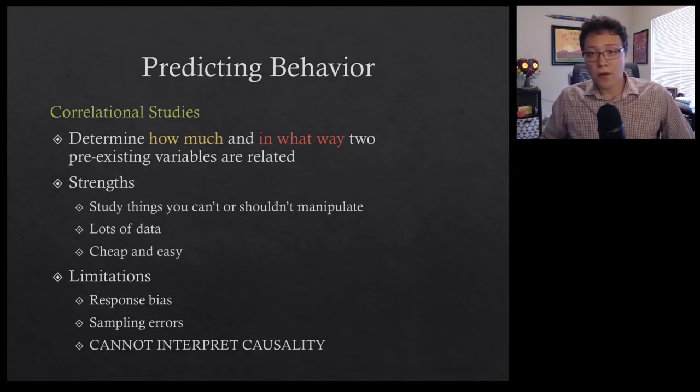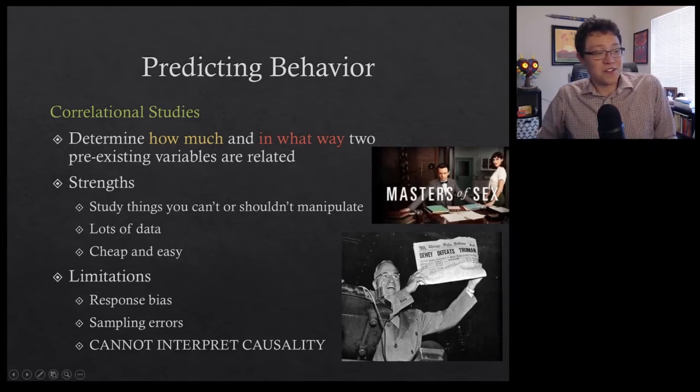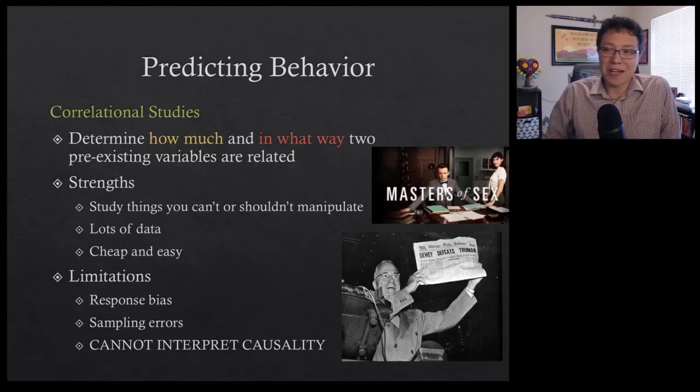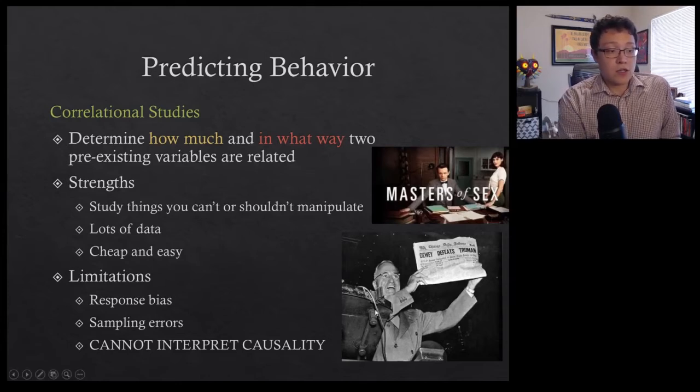There's sampling errors, and we cannot exactly interpret causality. So this second picture down here, that Dewey defeats Truman, is a great example of why correlational studies aren't exactly great and sampling errors do happen. So this newspaper where President Truman is holding up a newspaper where he apparently lost.